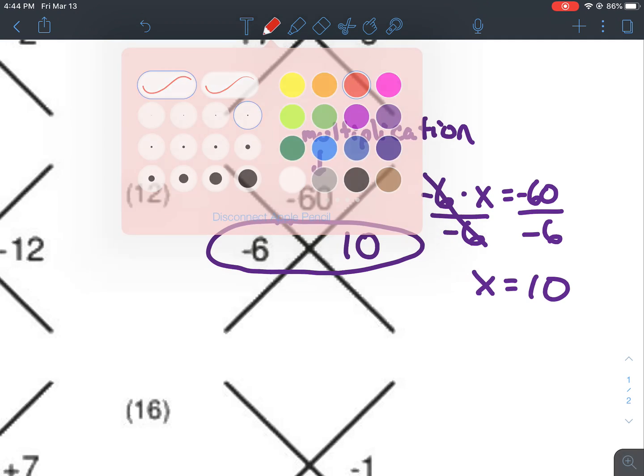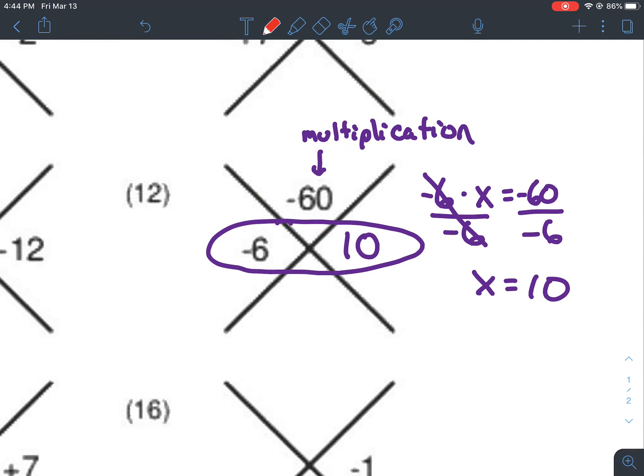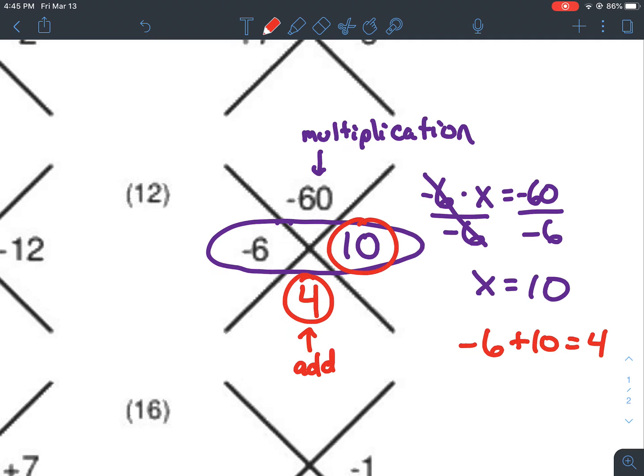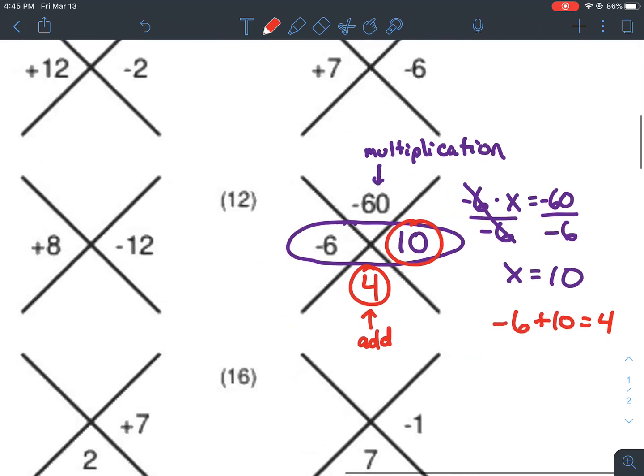Now that we know the left side and the right side, we follow back to our original rule. This bottom came from addition, so negative 6 on the left plus 10 on the right comes out to be positive 4, and that's our answer. So for this type of problem, 10 on the right, 4 on the bottom, and we're done.